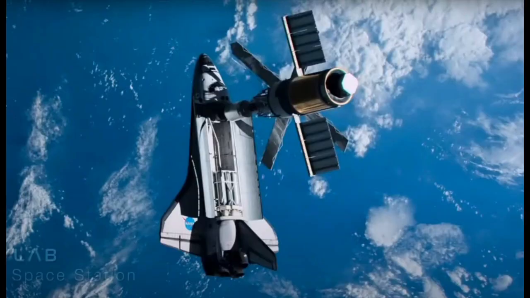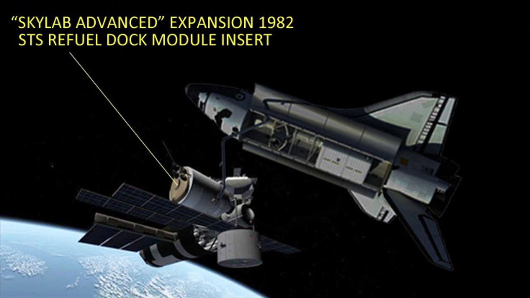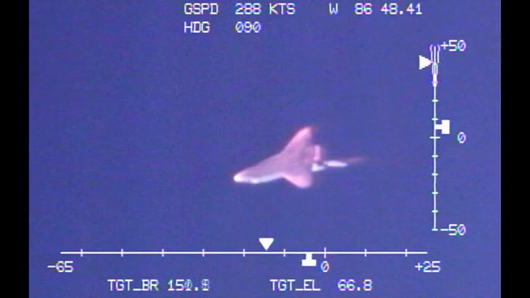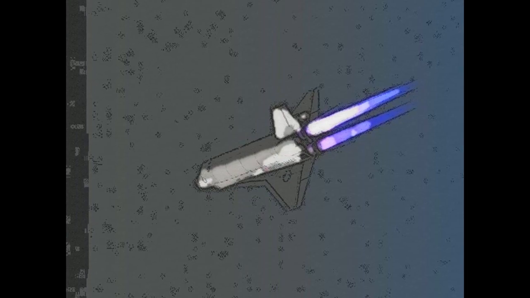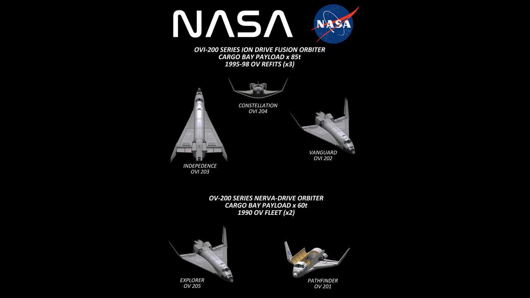And it was mentioned there were relay stations in orbit for the space shuttles to dock to and to refuel before making the translunar injection burn. So my extrapolation would be that the space shuttles had a more advanced thruster and propulsion system. Or they could have been equipped with a small fission drive, like a predecessor to the Nerva nuclear propulsion that was put in the Pathfinder OV-200 series shuttles.